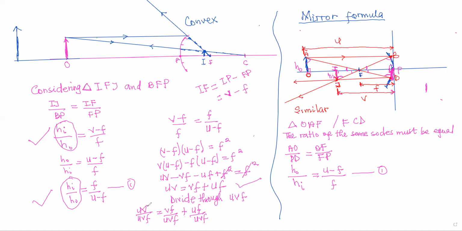So UV will cancel out this. VF will also cancel out this. UF will cancel out U and will cancel out F. So what will be left is, on the left-hand side, 1 over F is equal to 1 over U plus 1 over V. This is the famous mirror equation.